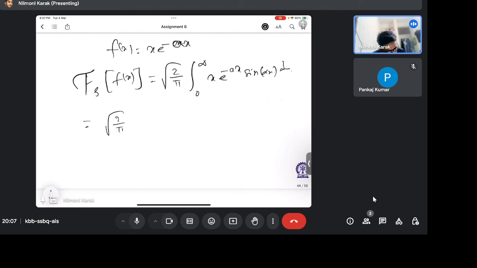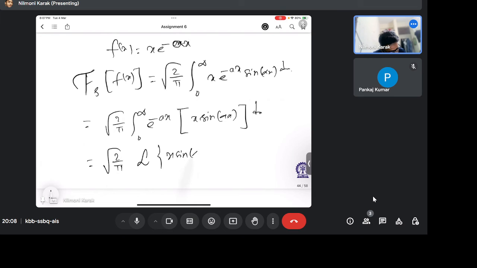Sorry, it is root 2 by pi 0 to infinity e to the power minus x times x sine alpha x dx. So this is the Laplace transform of x sine alpha x at s equals a.